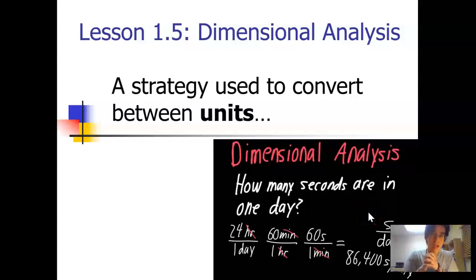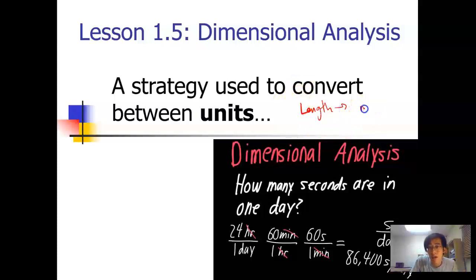Alrighty folks, welcome to lesson 1.5 with dimensional analysis, and this is the strategy used to convert between different units. As we talked about before, I think in lesson 1.3 when we were talking about scientific measurement, we said that units were a scale used to measure a certain quantity in a measurement. So, for instance, if I have something like length, right?